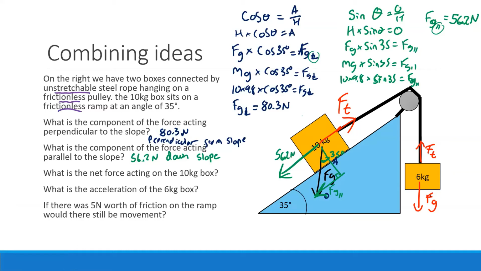So what is this gravity? This is going to be F equals mg equals 6 times 9.8 equals 58.8. So that means this force upwards is going to be 58.8.